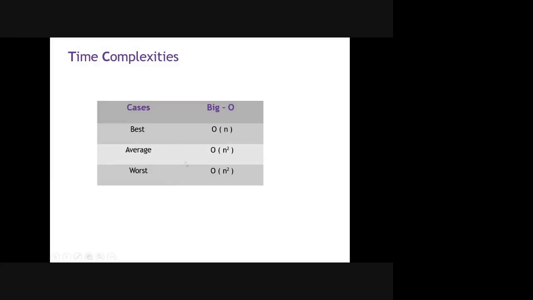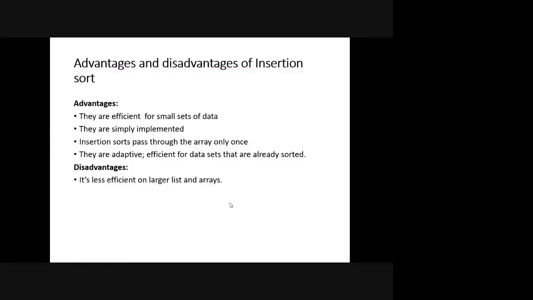But mainly the other normal sortings will be O of n square only, for insertion, bubble, as well as selection, because the same concept will be repeated with only one change. In bubble, two numbers will be compared. In insertion, a key element will be taken and that will be compared.